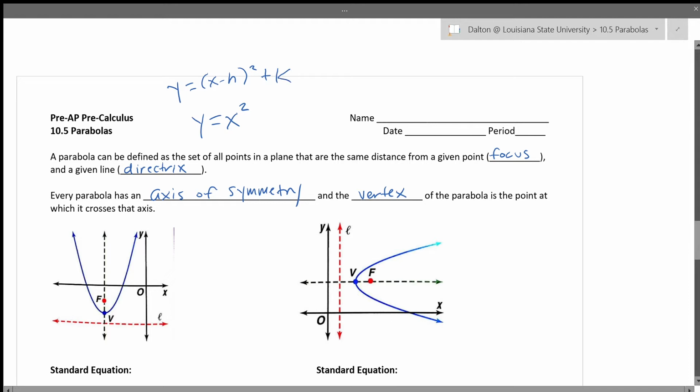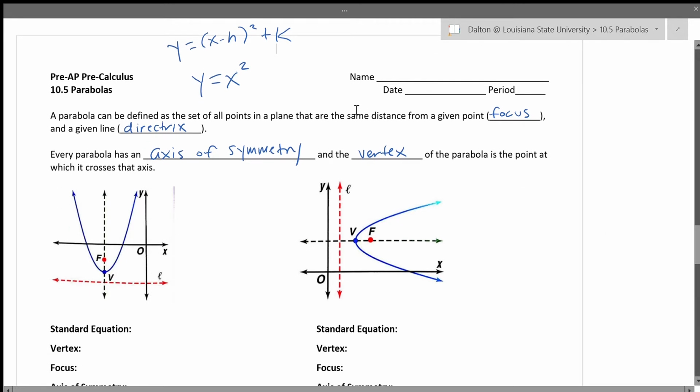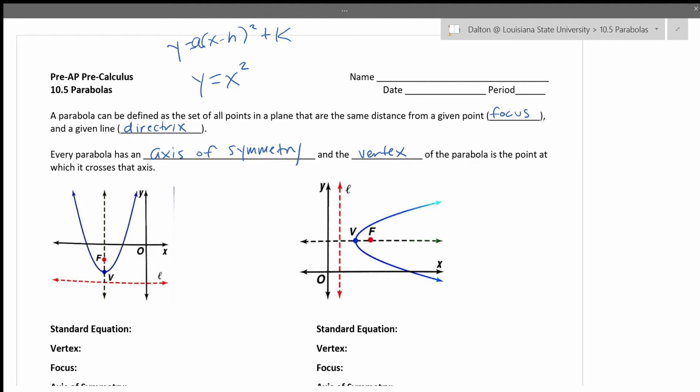That was a general form that we have dealt with even at the beginning of this year. The difference between this equation and the two that we're about to write is that there's going to be another variable in it, and it's not going to be a. a also controls some stretching or compressing, but the new variable is going to be p.